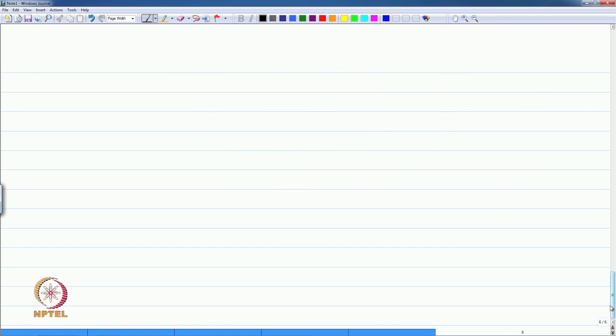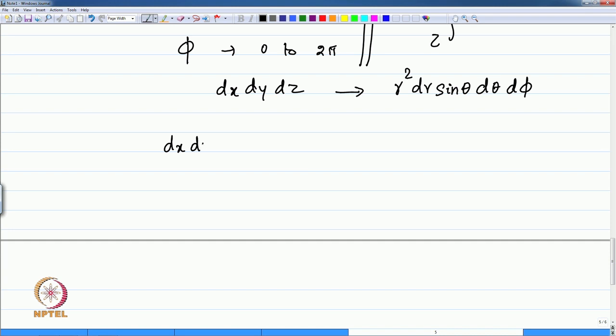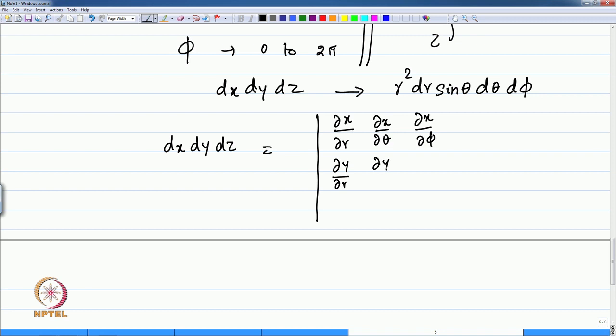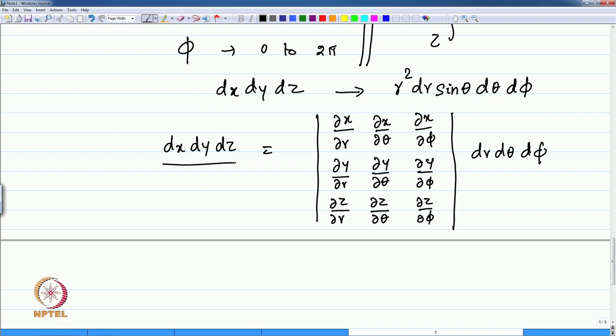Those of you who are not familiar with this transformation must go back and look at the coordinate transformation and the simple differentials expressed from one coordinate system to the other, and the relations are given by what is known as the Jacobian, the determinant of the partial derivatives of x, y, z, each with respect to r, theta and phi, multiplied by dr d theta d phi.